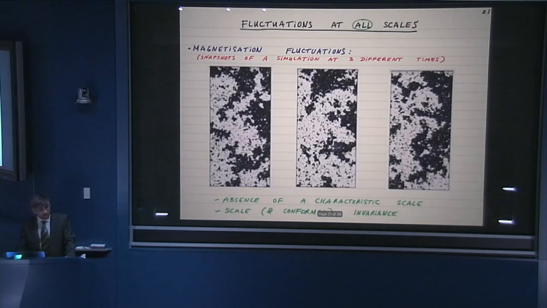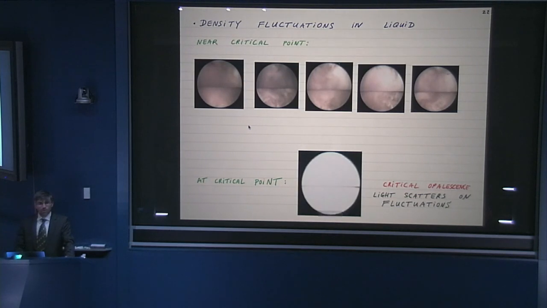So this was for magnets. But now let's go to liquids, and let's see what liquid behaves like near the critical point. There's something interesting here that you can actually see now with your naked eye, not just in a simulation. And there are some nice YouTube videos that I invite you to see.